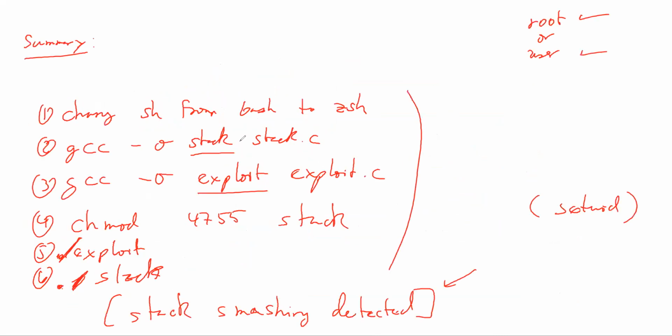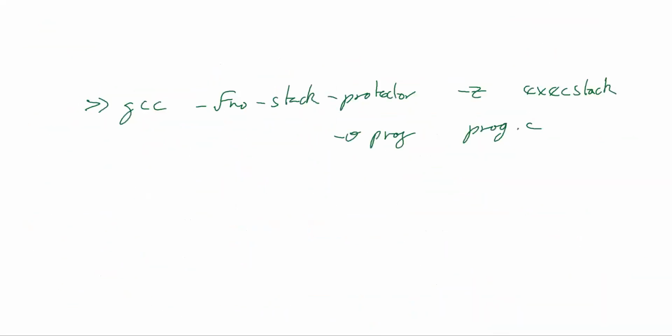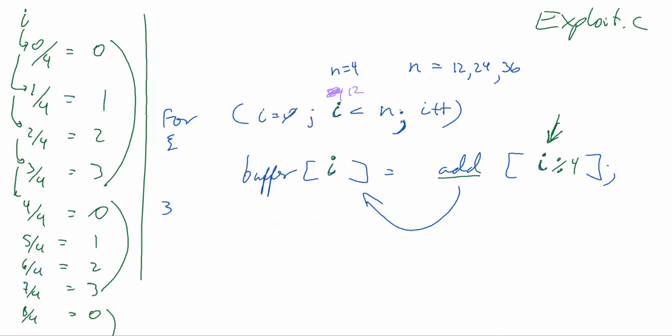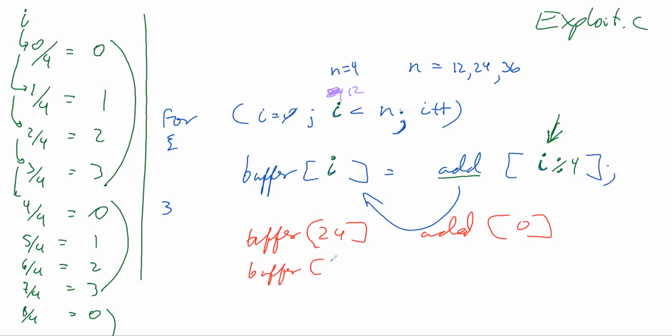That's my point. If you want to know exactly where the address is, let's say you know the address for sure is at 24, then just do buffer 24 address 0, buffer 25 address 1, and so on. You can do this in multiple ways.